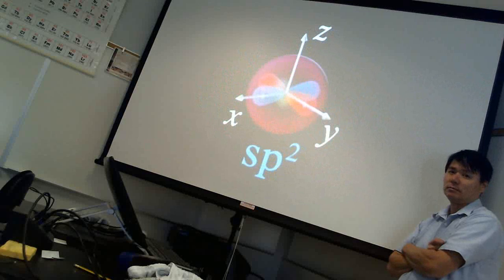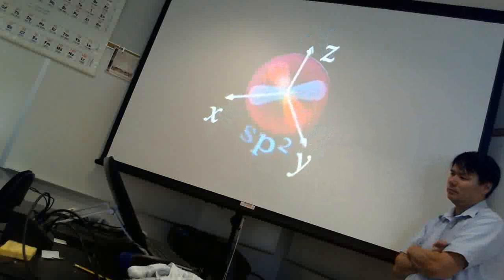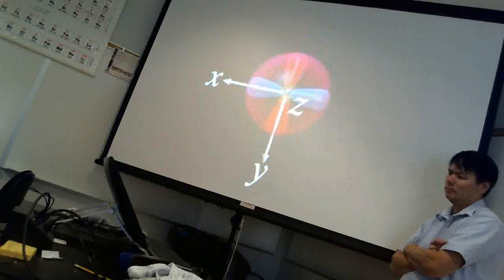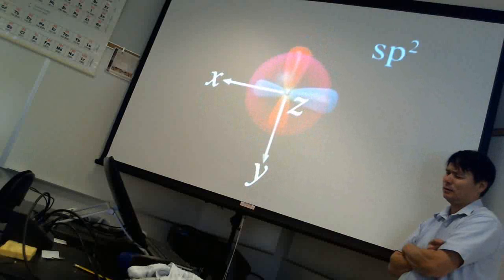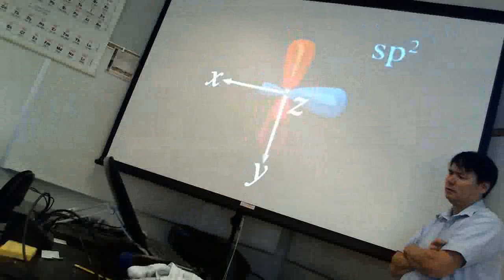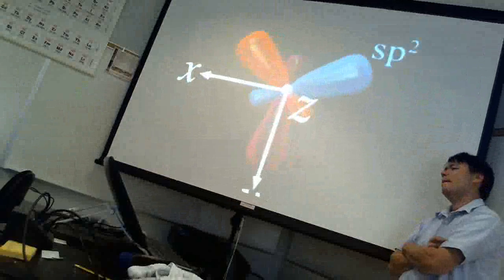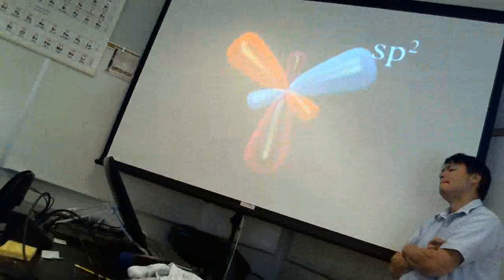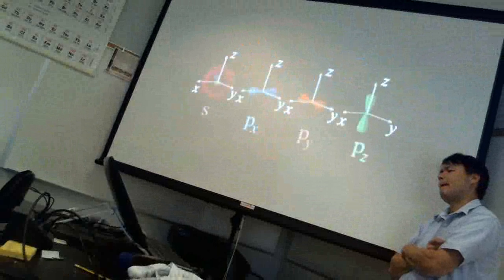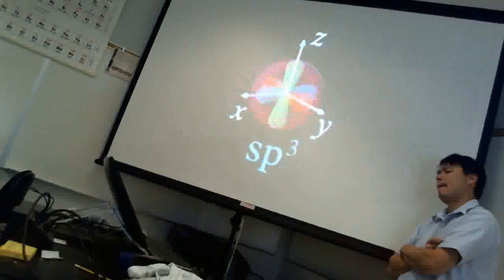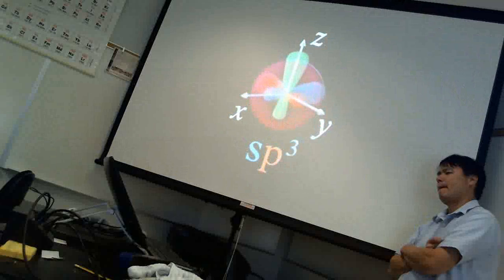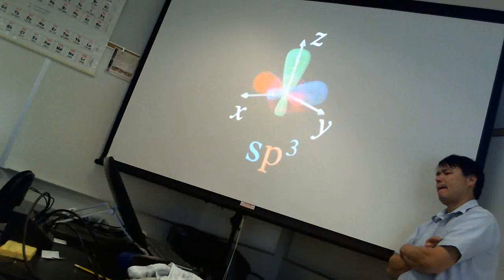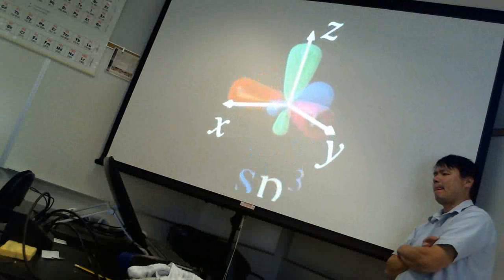We call these sp2 hybrid orbitals. Notice that the hybrid orbitals have major lobes which contain most of the electron density in the orbital. These are used in bonding to other atoms. Mixing of the s with all three p orbitals results in formation of 4 equivalent sp3 hybrid orbitals, directed toward the apices of a tetrahedron.